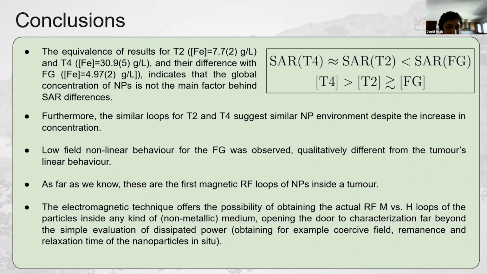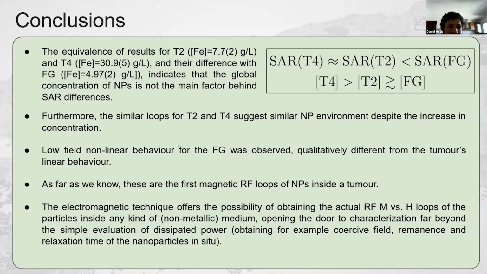The qualitative difference for the ferrogel at low field is also an indicator reminding us of the difference in environment the nanoparticles have in vitro, even in phantom systems such as the ferrogel, and in vivo in the actual tumor.